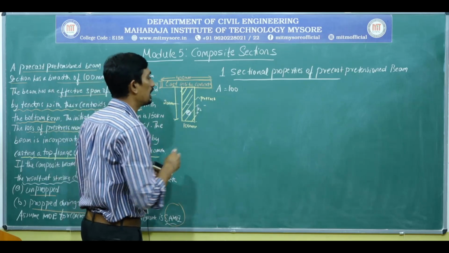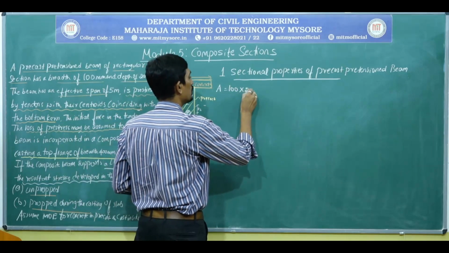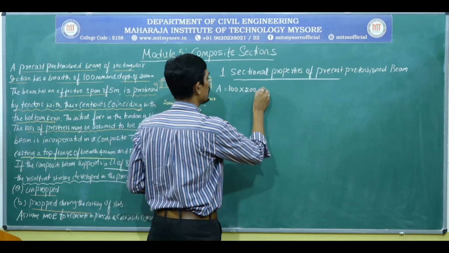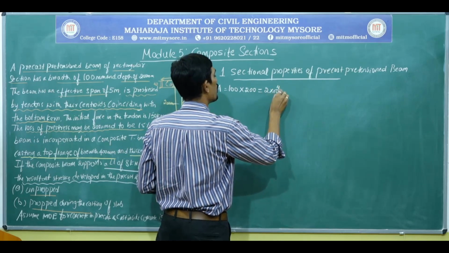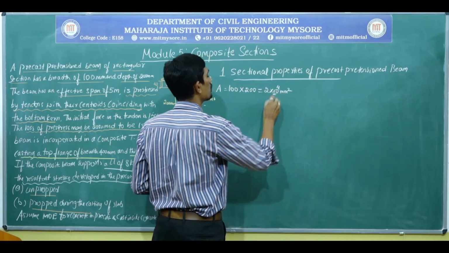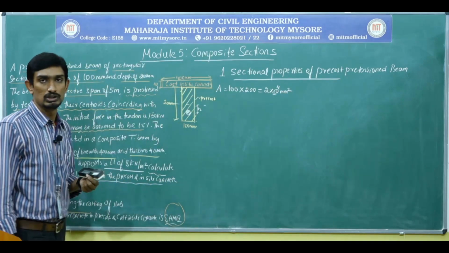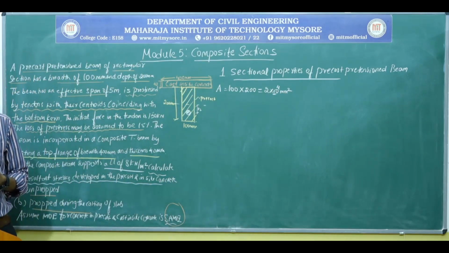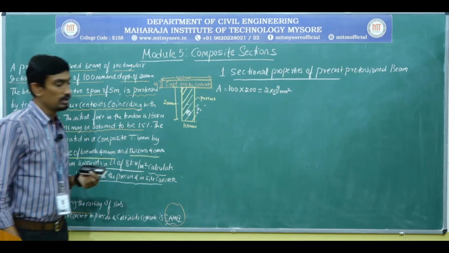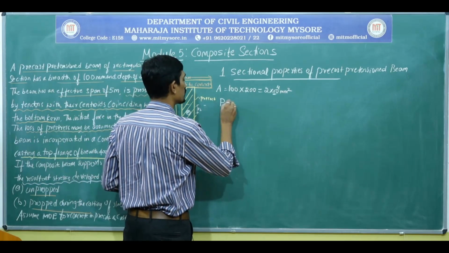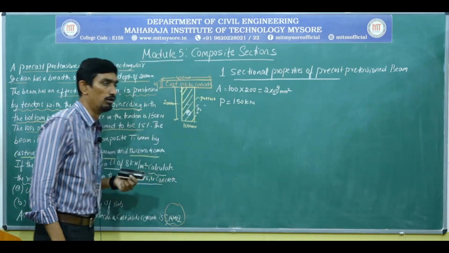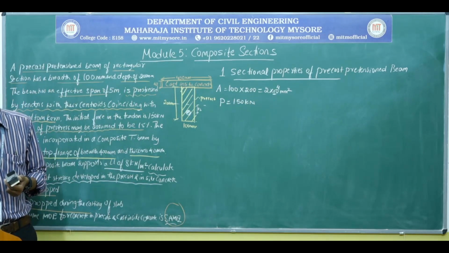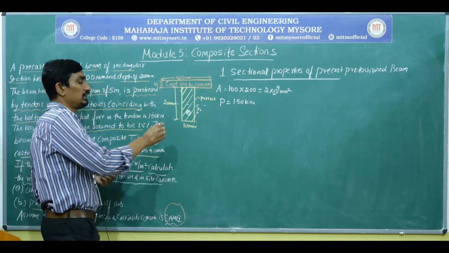So this is the precast pre-tension beam: 100 multiplied by 200, which is equal to 2 into 10 to the power of 4 millimeter square. Please be specific with the units, which is very important. Next, initial pre-stressing force, no need to worry, 150 kilonewton, has been written. Next, moment of inertia.